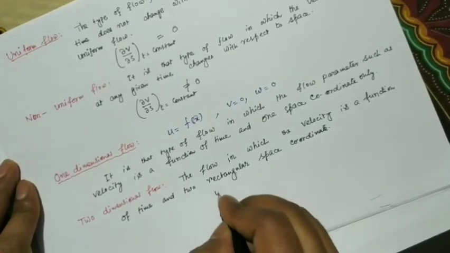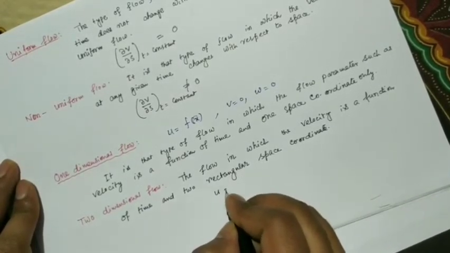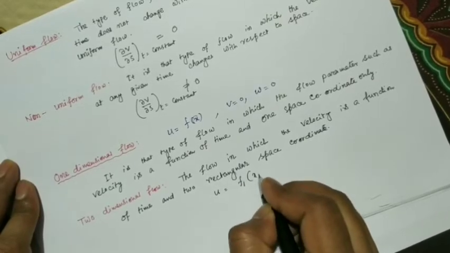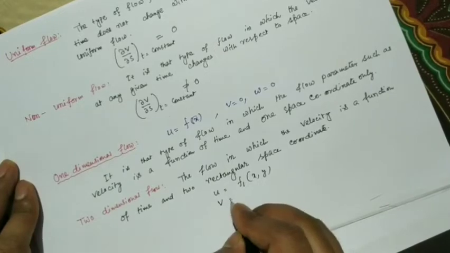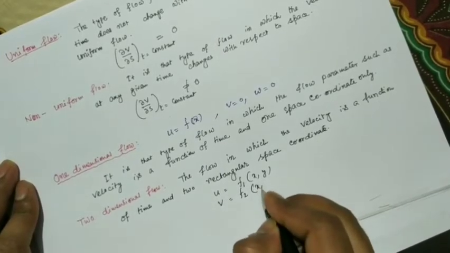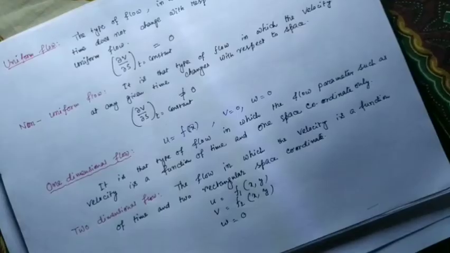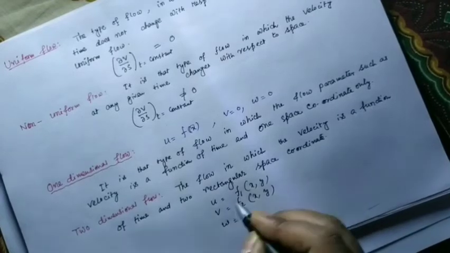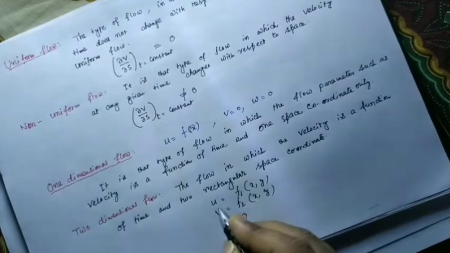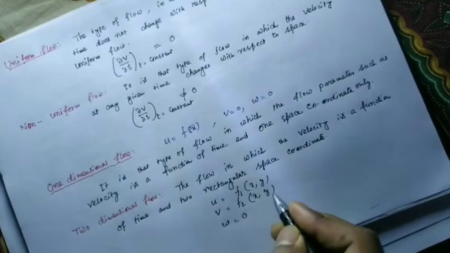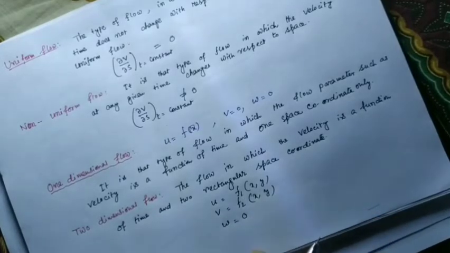That means we can simply write that u will be f1(x, y), v will be f2(x, y), and w will be 0. Okay, so it is the condition of two-dimensional flow.